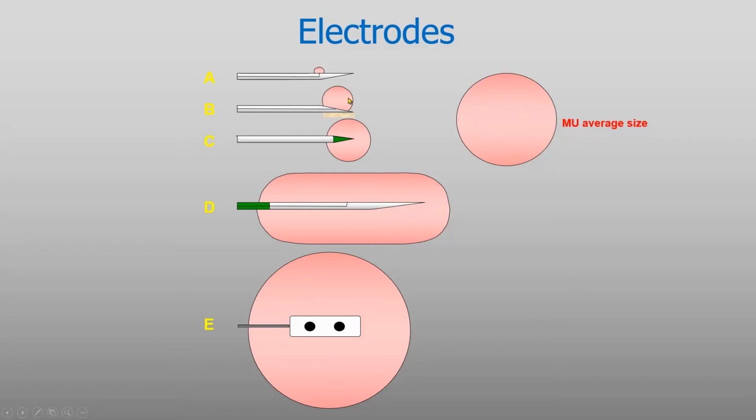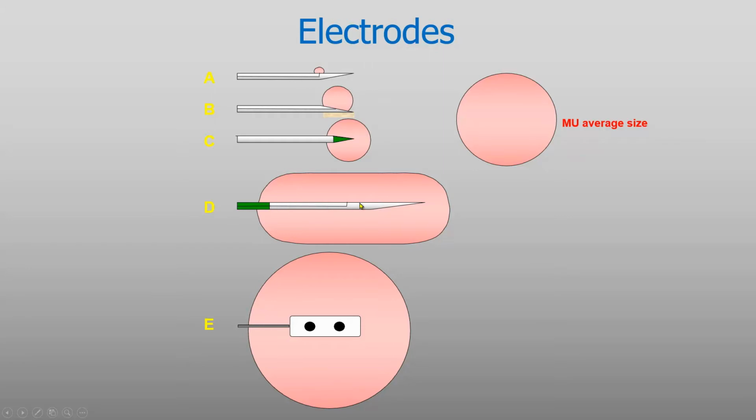Also the concentric or the monopolar electrode, they only take a small portion of the motor unit. And here is this so-called macro EMG, which is recording from the cannula of a concentric or single fiber electrode.